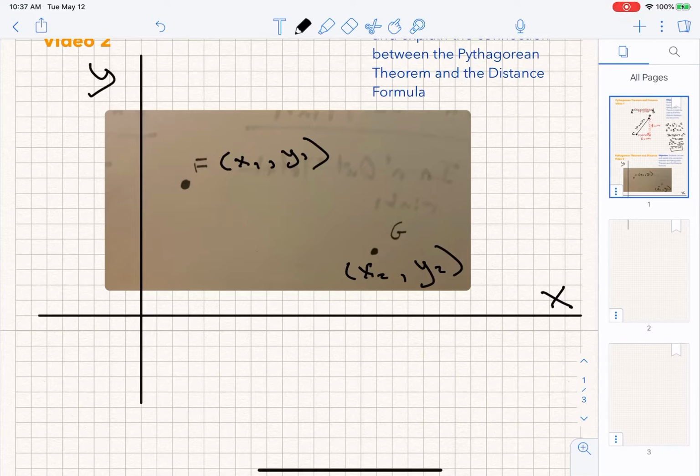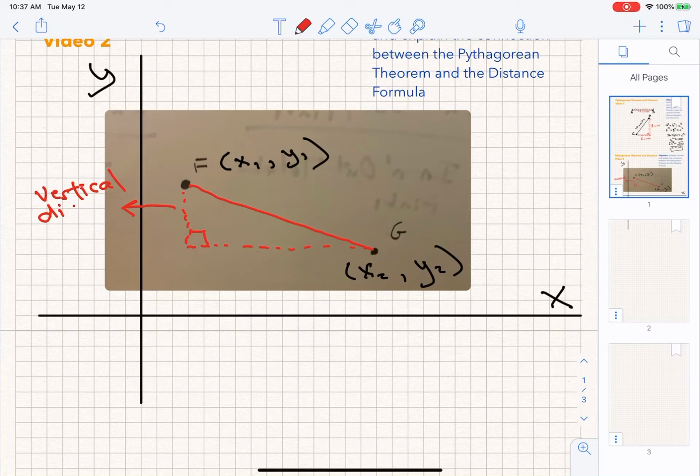And we want to use the same principle that we used last time, making a right triangle here. So we're going to go down this distance over that distance. That's not quite a perfect right triangle, but it's going to do. Here's my right angle. And we want to know how far that is. We can think about that as the vertical distance, and we don't have a number for it.